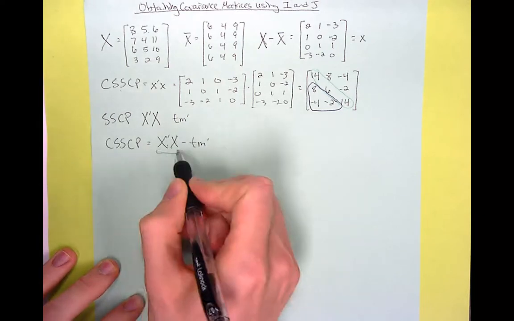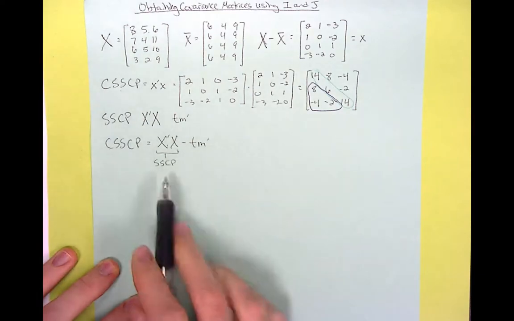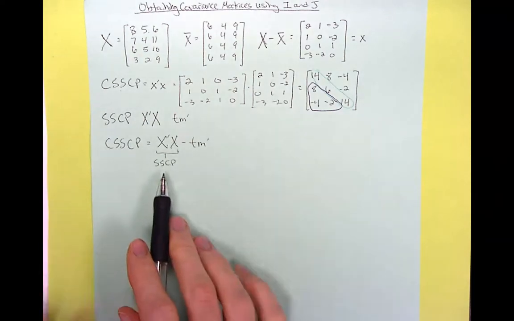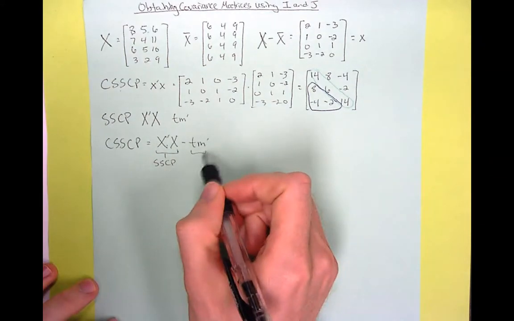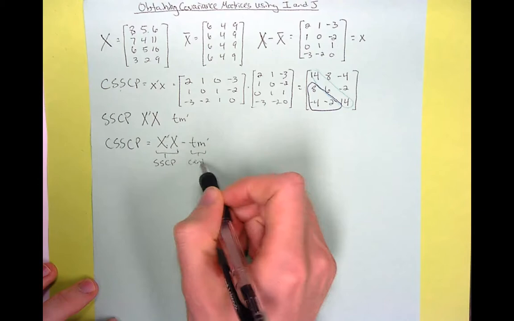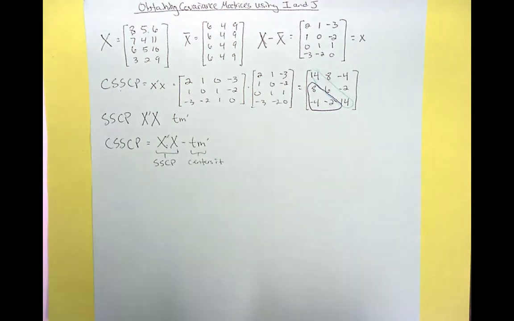So remember, this is, excuse me, not centered, so this is the sum of squares and cross products. And this is what's going to center it. And you can find this as equation 3.2 in your text on page 106.